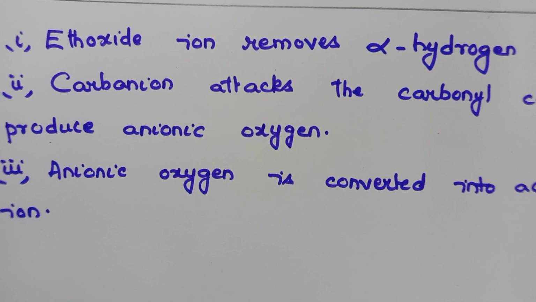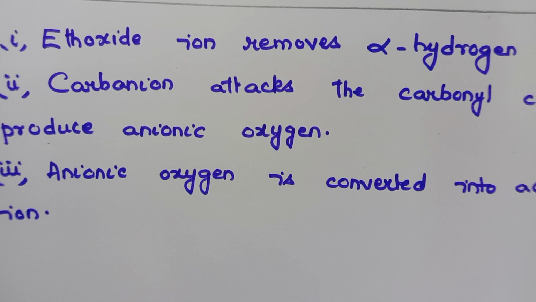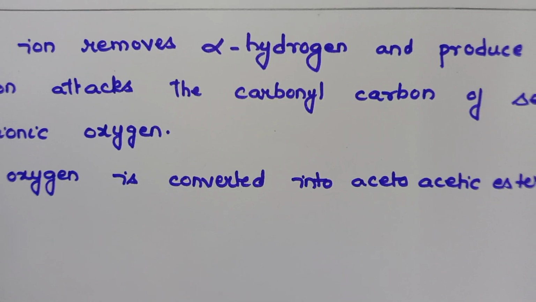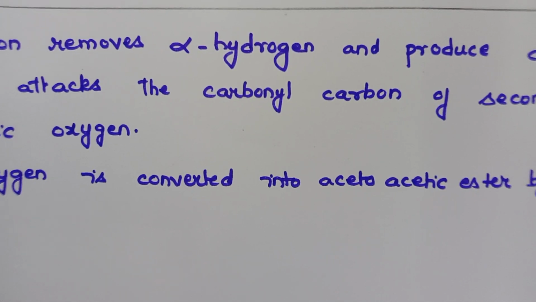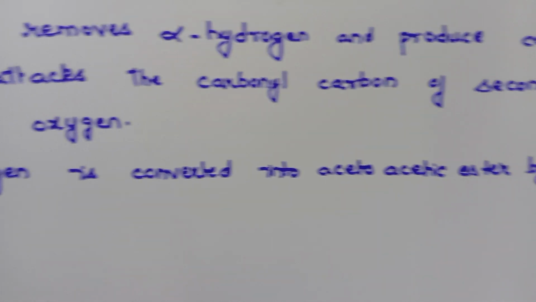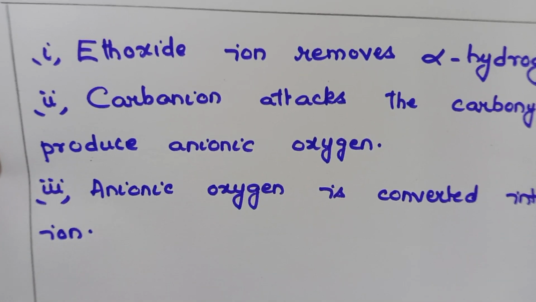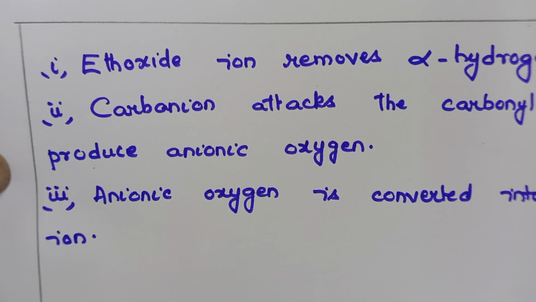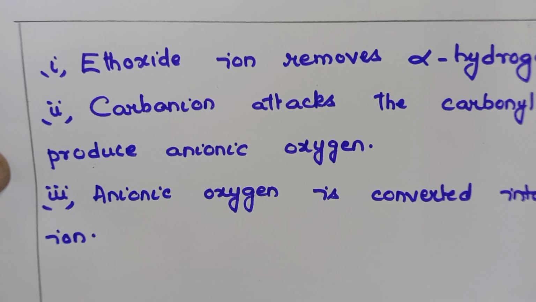We have seen now. Next, this carbanion attacks the carbonyl carbon of second molecule of acetic ester and produces anionic oxygen. Okay, O is becoming O minus. That is what we call anionic oxygen.